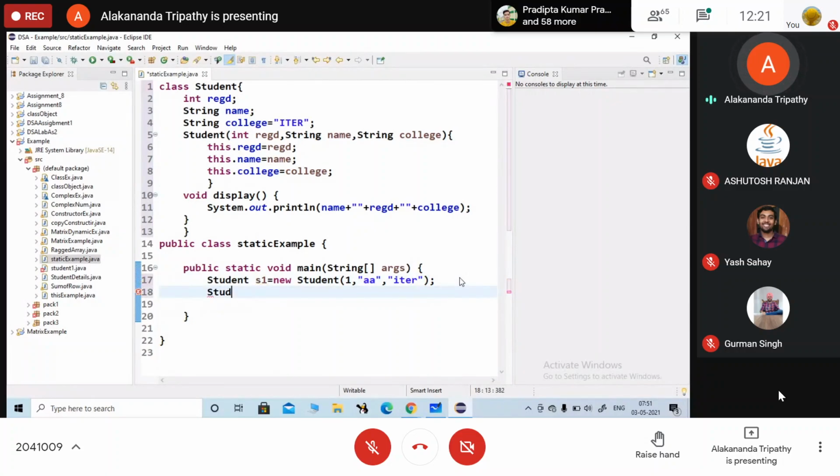Again another student is being created, student S2 is equals to new student, this one is 2, this one is AB, this one is IIER.